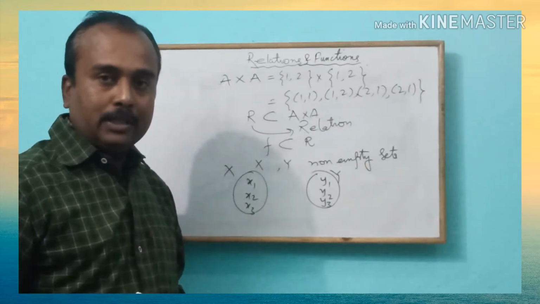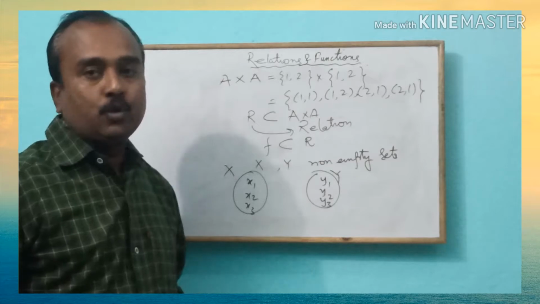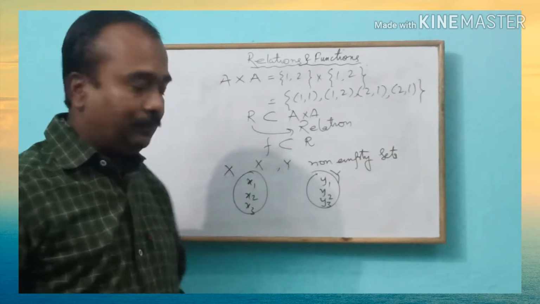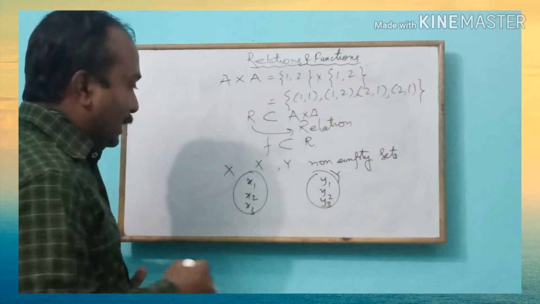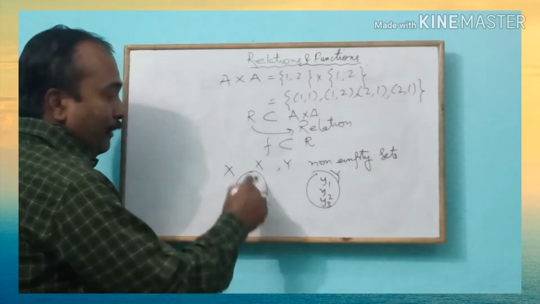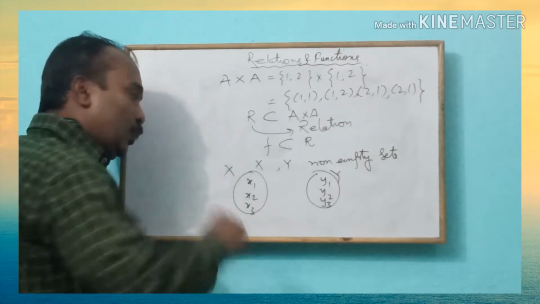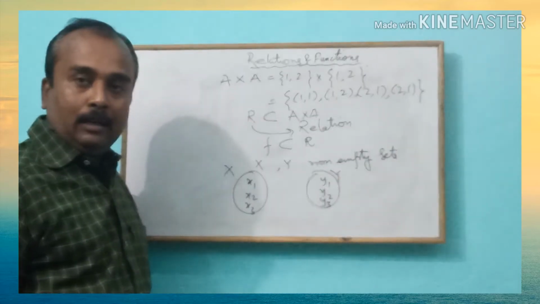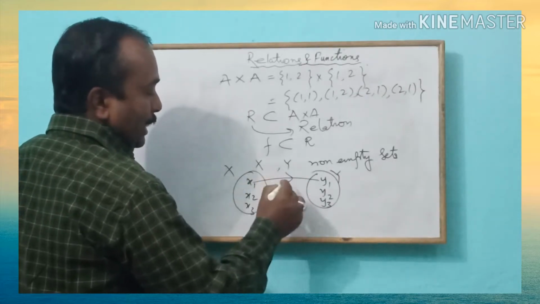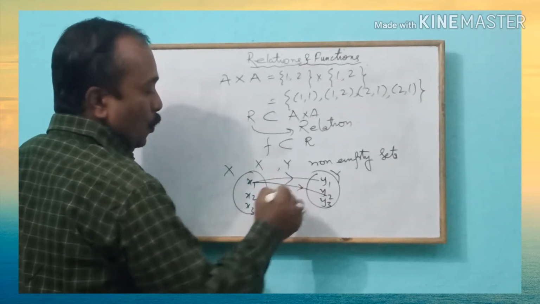These two conditions are not supposed to be there for a relation to be a function. What is it? That means every element of X should have a pair in Y.